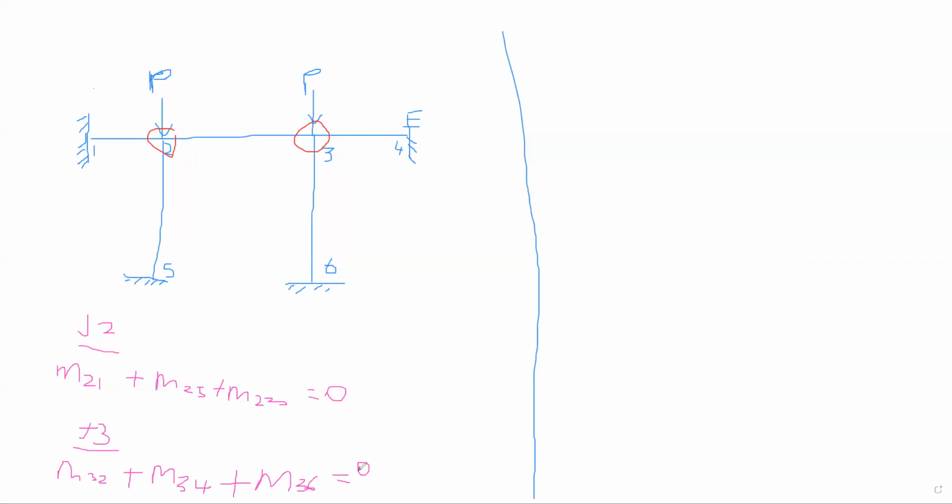The next thing that we do is to determine these moments, the M21 and the M25 and the rest. So we come to M21. If you remember, in third year, we found moments. If you want to find the moment, you have to find the capital M fixed.